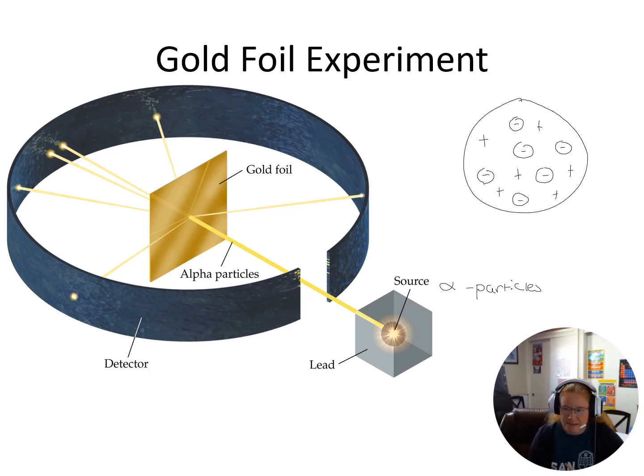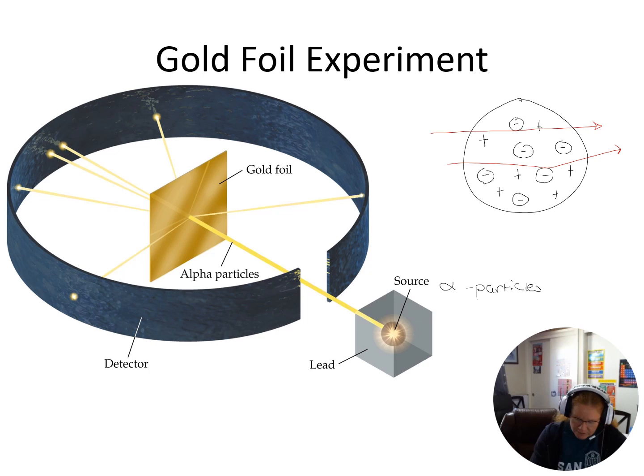Now, what they expected to see is that as they beamed these alpha particles through, they would either go straight through or they might hit one of these and be deflected slightly. Okay? So this is what they expected to see. Maybe some minor deflections there.